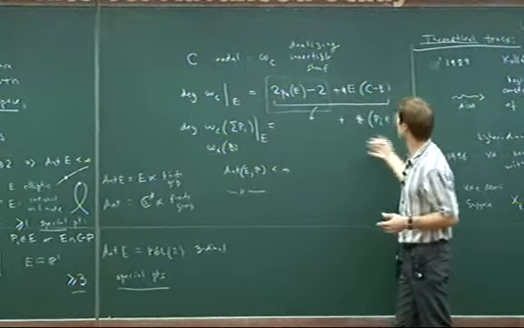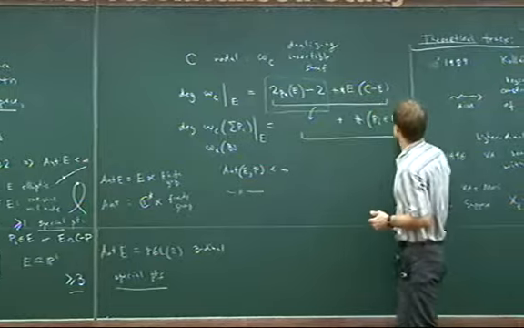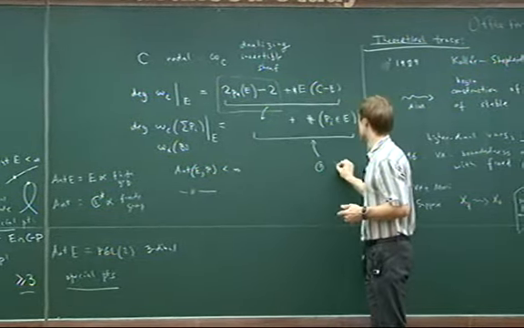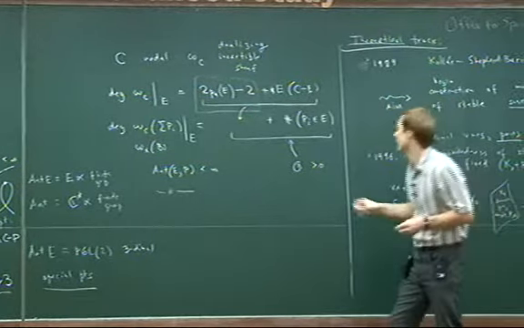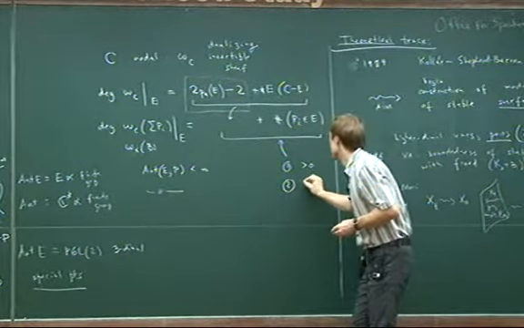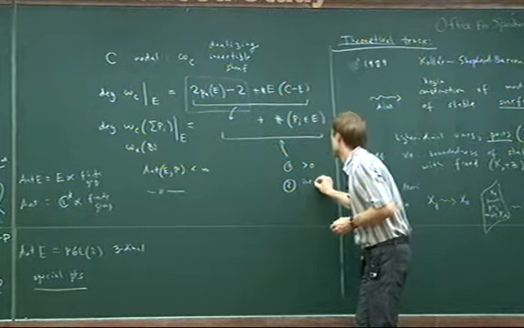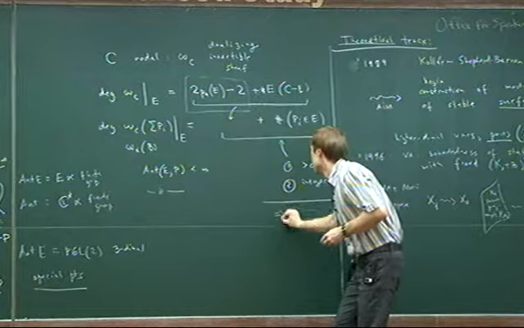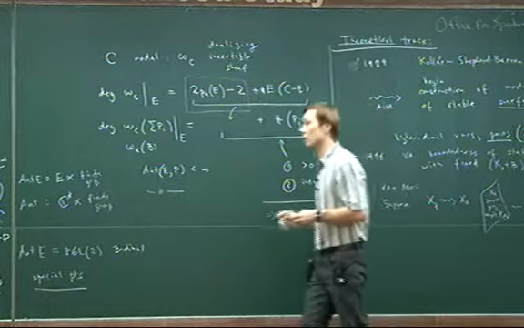The degree is given by this formula, and this number should be, first of all, positive, and second of all, an integer. And this implies that it should be at least 1.